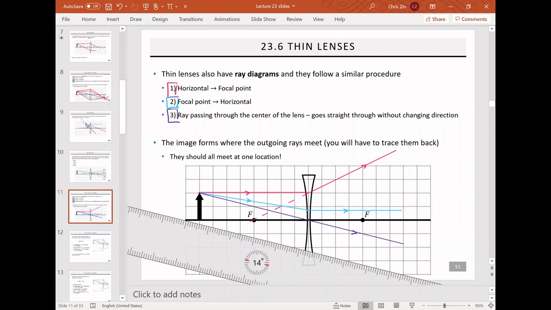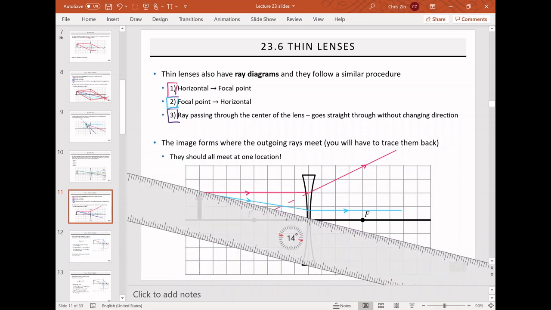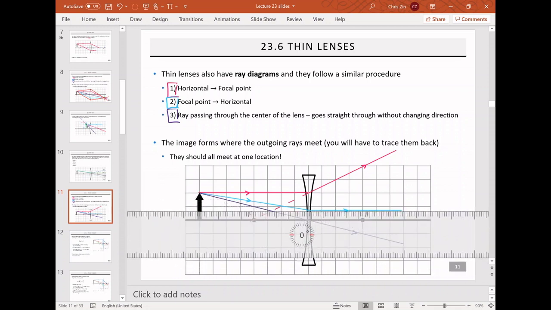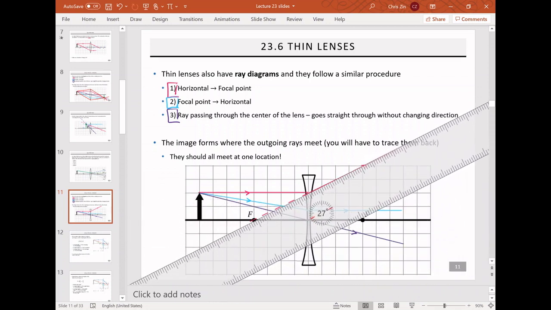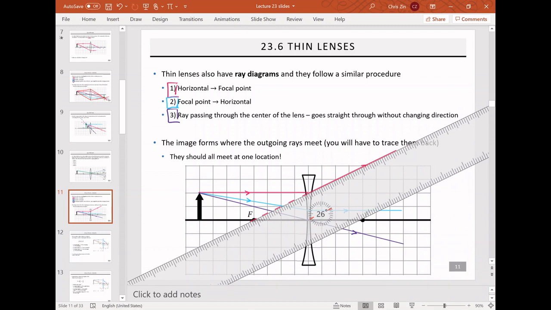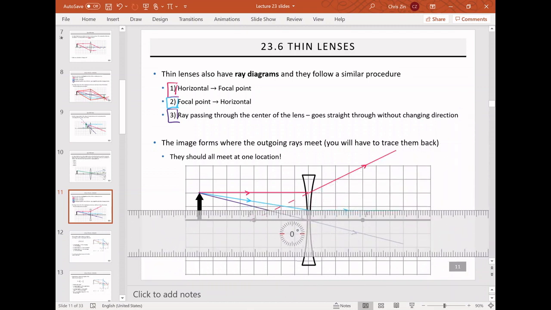To find the image location, we have to find the point where it looks like the outgoing rays actually meet. So in this case, I've already traced back the first outgoing ray. The second outgoing ray looks like it's coming from this direction.